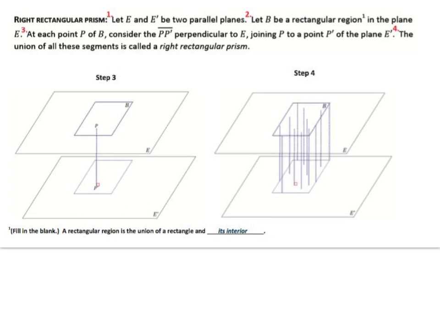The union of all these segments is called a right rectangular prism. So we have lots of segments. A rectangular region is the union of a rectangle and its interior. That helps answer the question a little bit more, right? It's the interior of it.